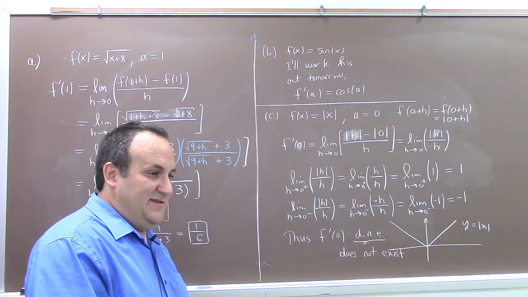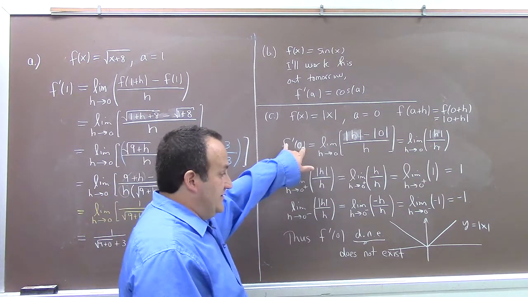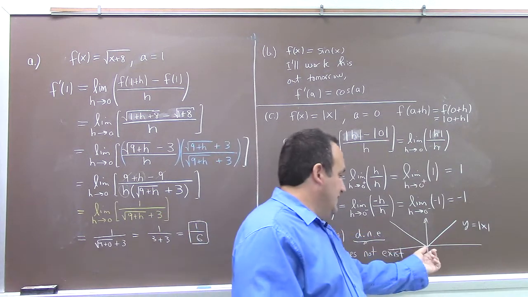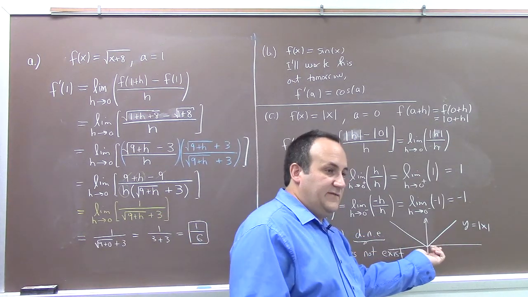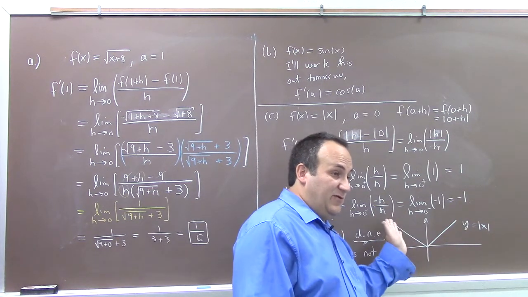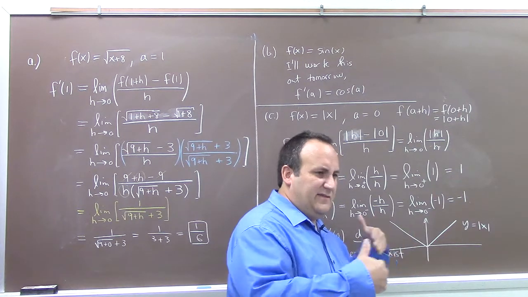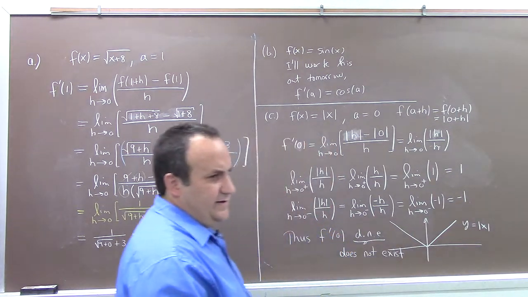If it didn't have some kind of existence, we couldn't very well talk about it not working out. But anyway, the derivative at 0 does not exist here. If you're trying to decide whether a function is differentiable or not, if there's a kink or a corner in the graph, it won't be differentiable at such a point because the left and the right tangents in some sense won't match up.